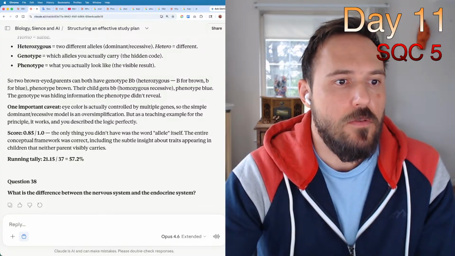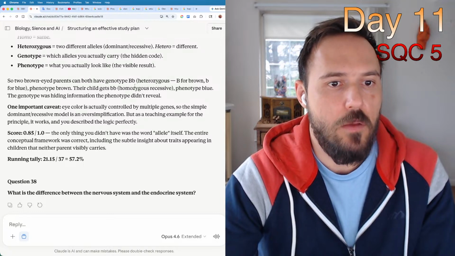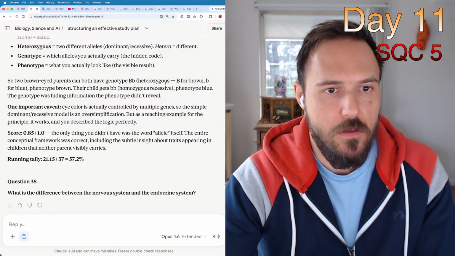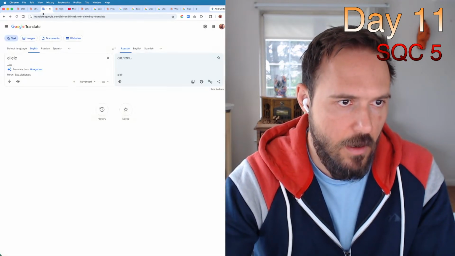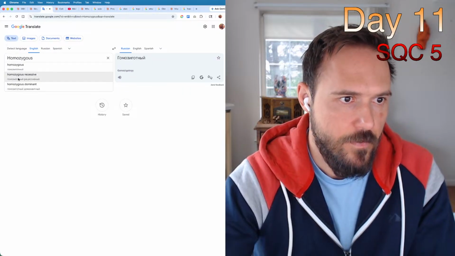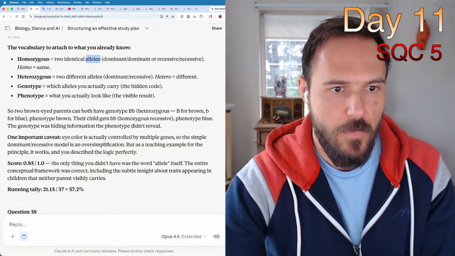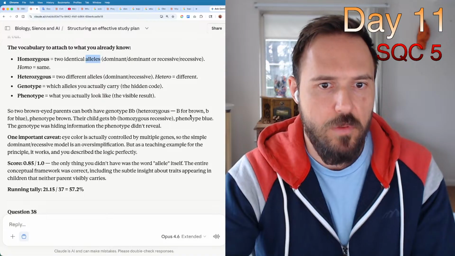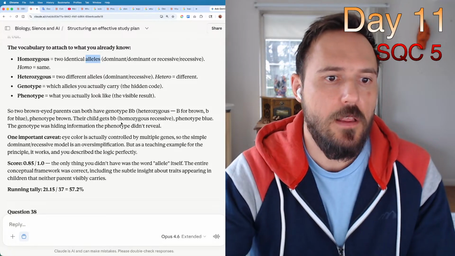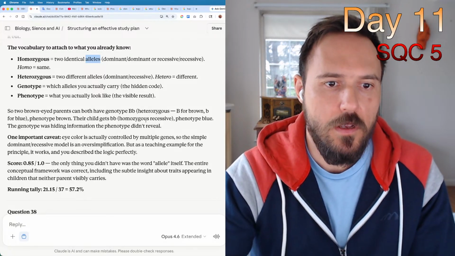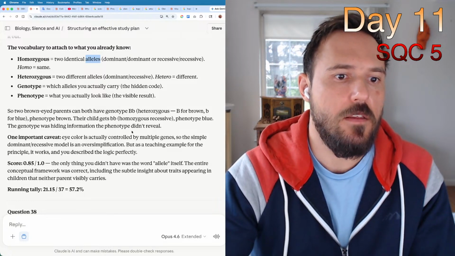So two brown-eyed parents can both have genotype heterozygous, B for brown, b for blue, phenotype brown. The child gets bb, homozygous recessive, phenotype blue. The genotype was hiding information.